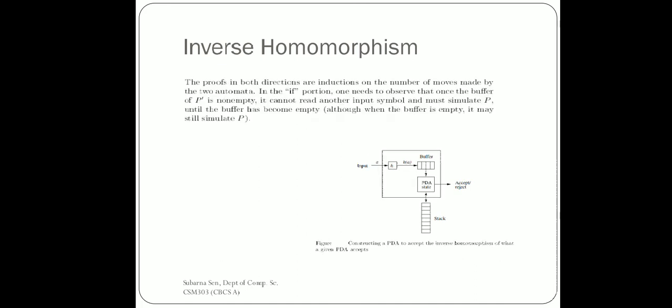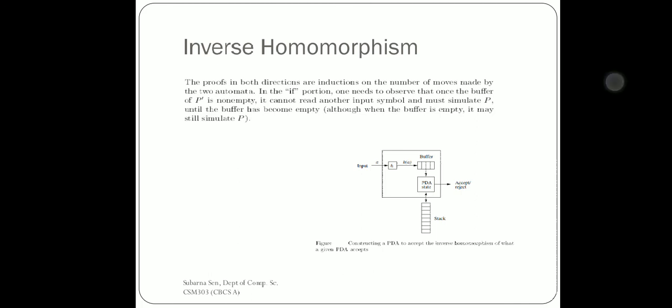The proof in both directions is induction on the number of moves made by the two automata. In the if portion, one needs to observe that once the buffer of P dash is non-empty, it cannot read other input symbols and must simulate P. If it is non-empty, it is just going to copy P until the buffer becomes empty. Although when the buffer is empty, it may still simulate P, right?